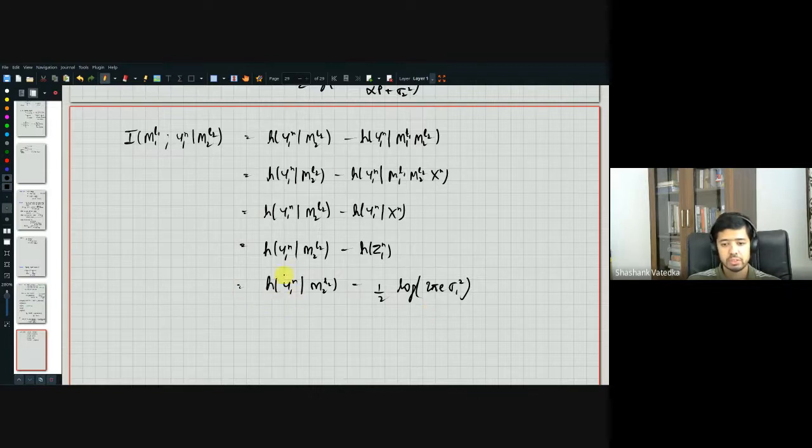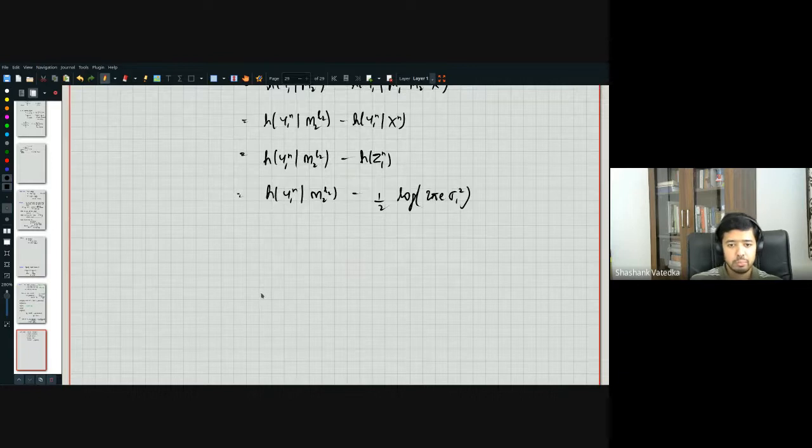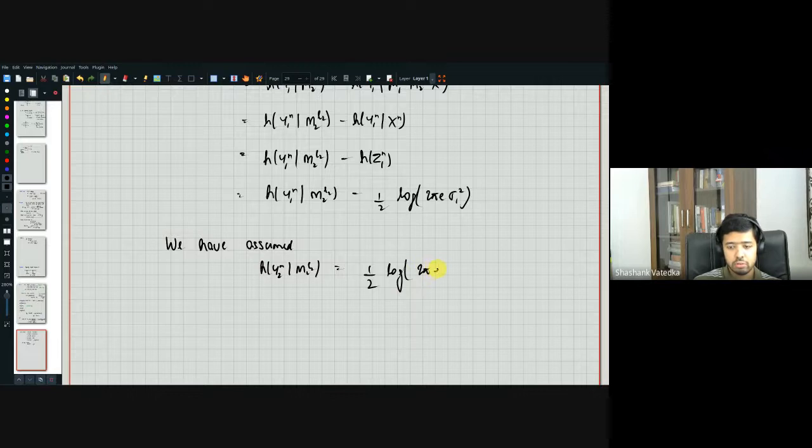Now what we want is at least an upper bound on h of y1 given m2. Okay, but what do we know? We have assumed that h of y2 given m2 is equal to half log 2 pi e times alpha p plus sigma 2 square.